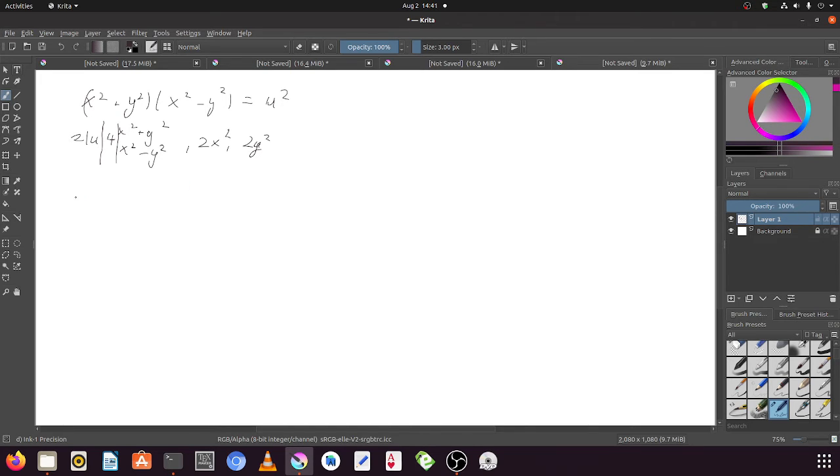So that means that this is a square and this is a square.